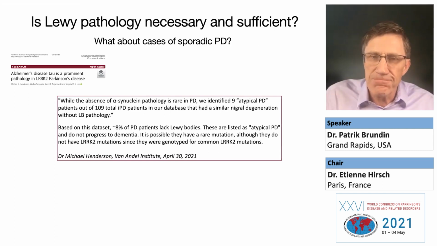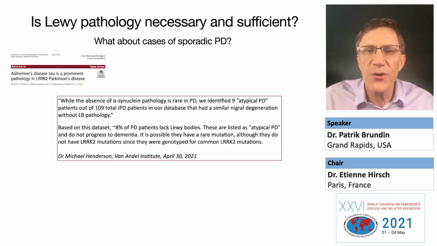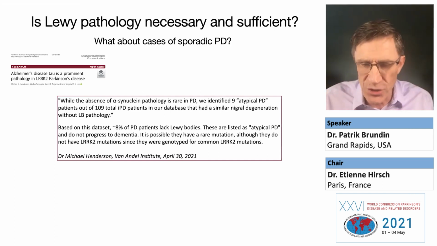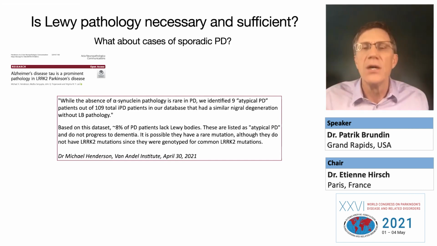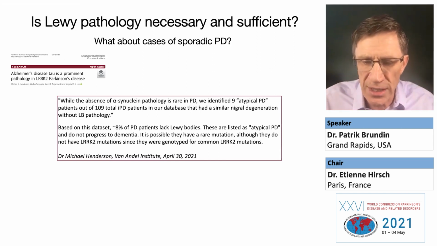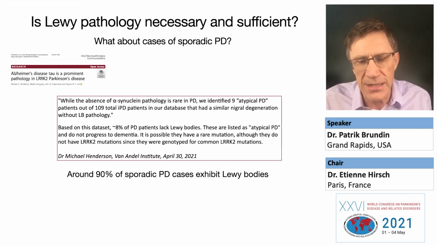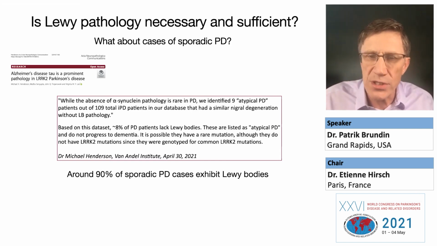And based on this observation, and I looked in the literature, it's not easy to find these descriptions in modern literature where there's been genotyping, where there's been modern synuclein staining. But based on this, one can say around 90% of sporadic PD cases exhibit Lewy bodies.